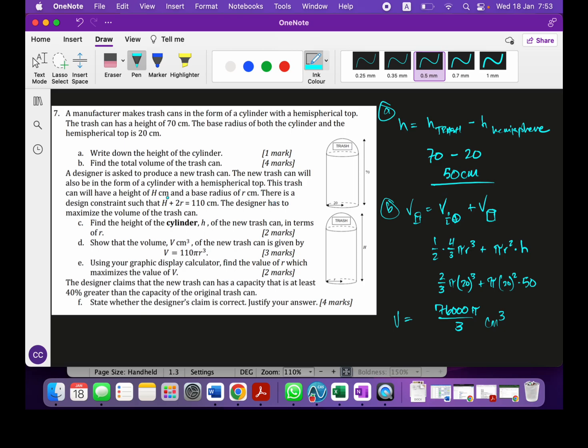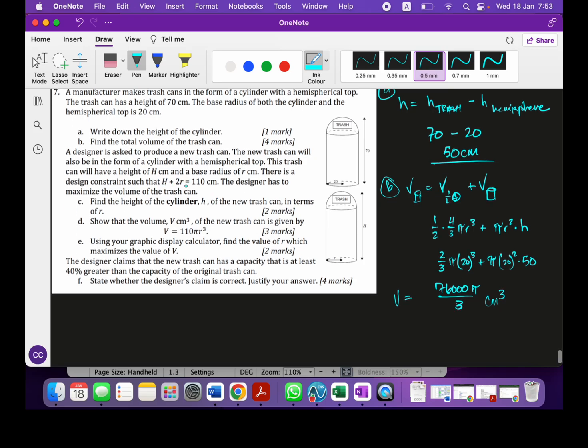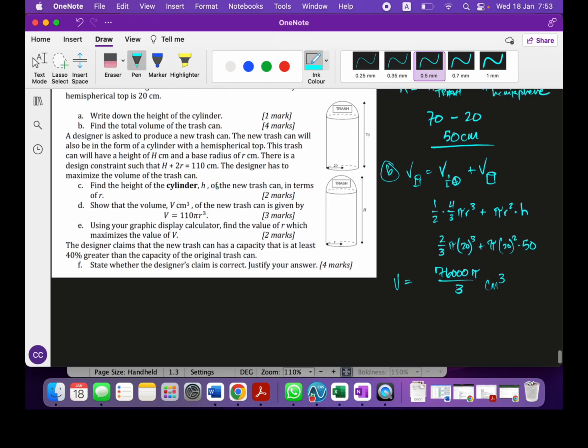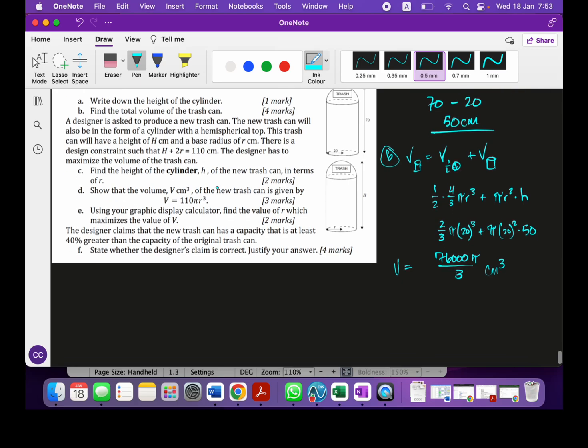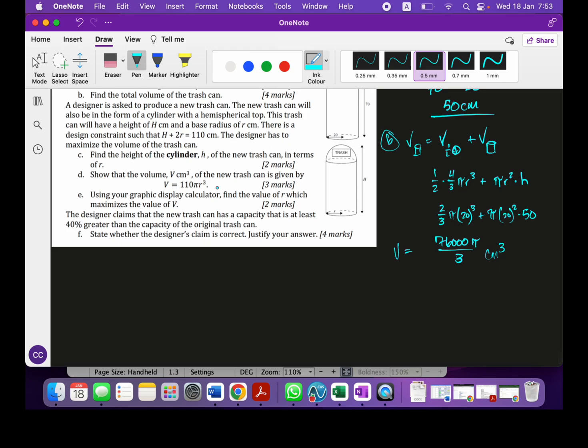Designers are asked to produce a new trash can. The can will be in the form of a cylinder with a hemispherical top, height h, and base radius r. There's a design contest, and we're trying to maximize the volume. Okay, so we know already that the height of the can itself is h.